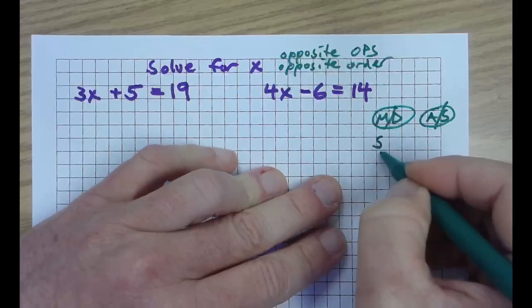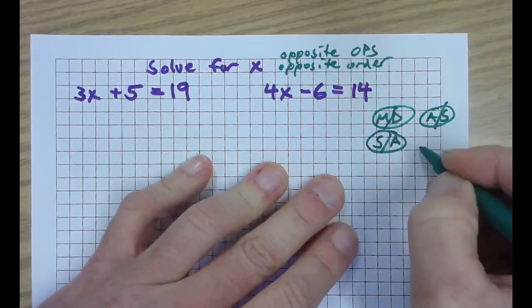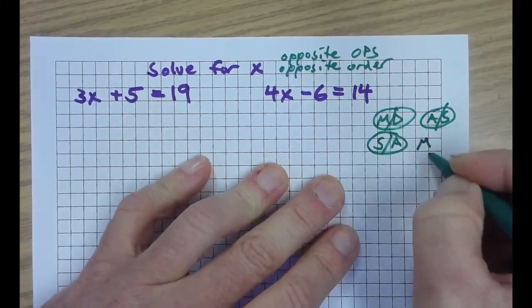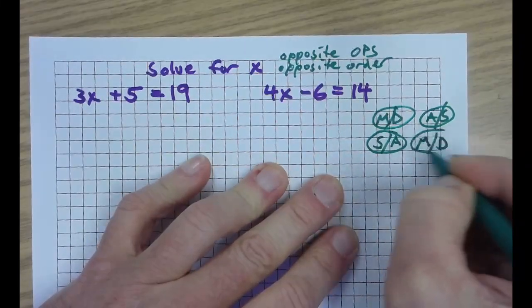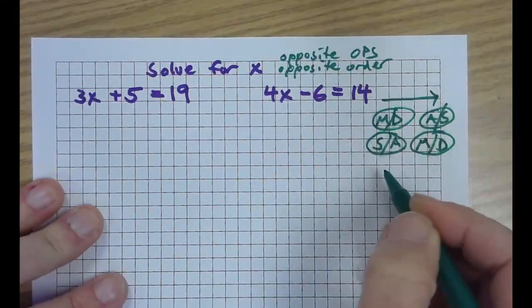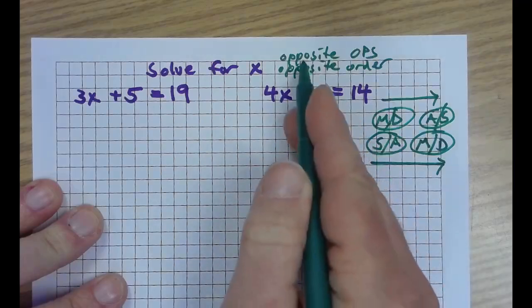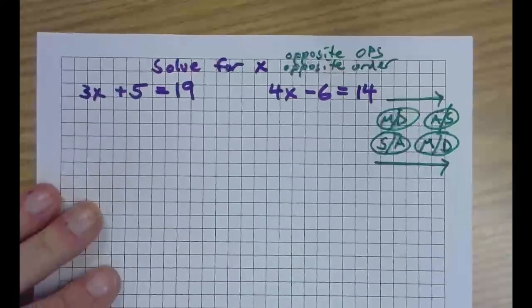We're going to either subtract or add first, and we're going to finish by multiplying or dividing. So, boom, normal order of operations. When solving equations, we do the backwards order of operations.